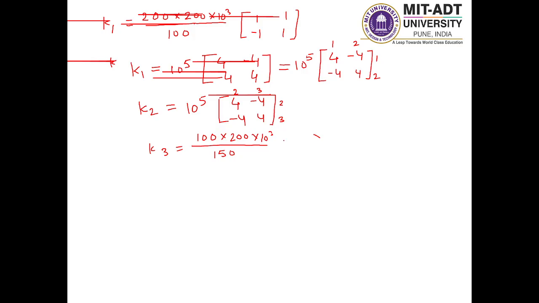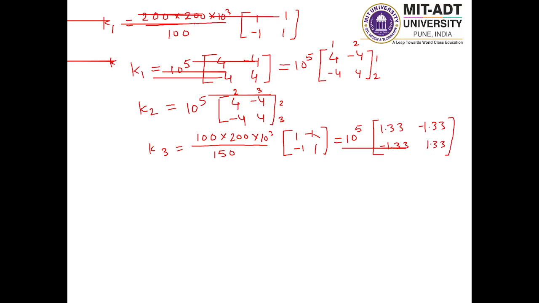So this is the value of constants AE by L into [1, -1; -1, 1]. As I need to keep constants outside, I'm taking 10 raised to the power 5 outside, and the value which remains is 1.33, which I have to take inside: 1.33, -1.33, -1.33 and 1.33.